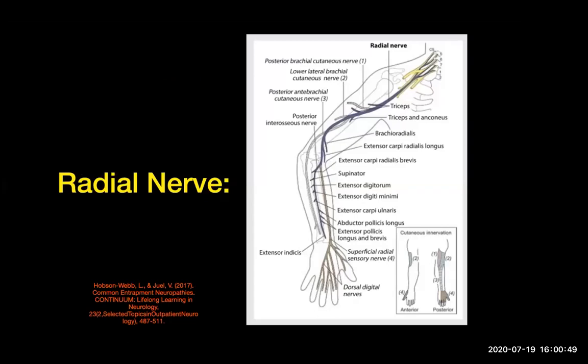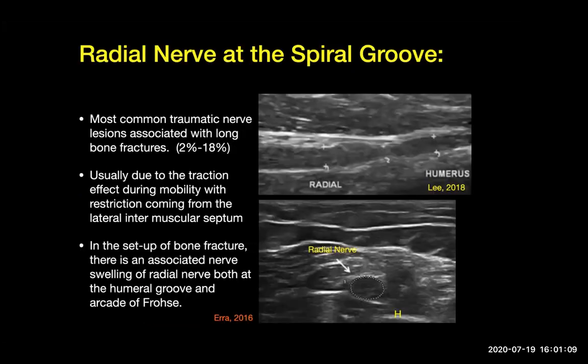Now let's go to the radial nerve. The radial nerve is also very interesting because there are a lot of compression sites. We will not enumerate all of them, but we will just mention a few of the most common compression sites. So here, this is at the humeral groove.